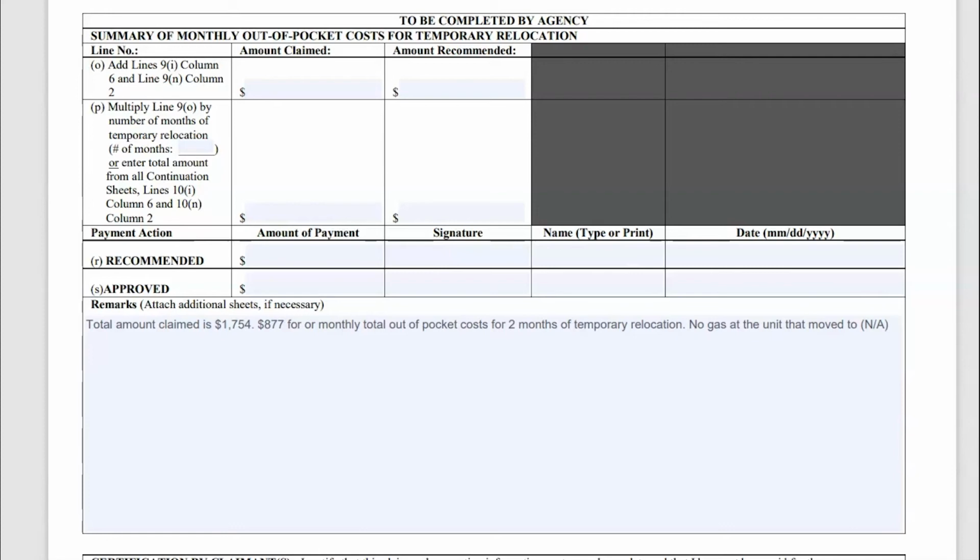In 9O, subrecipients should add line 9I and 9N. For the amount claimed, subrecipients should input the difference in columns 1 and 3 for 9I and add column 1 for 9N.